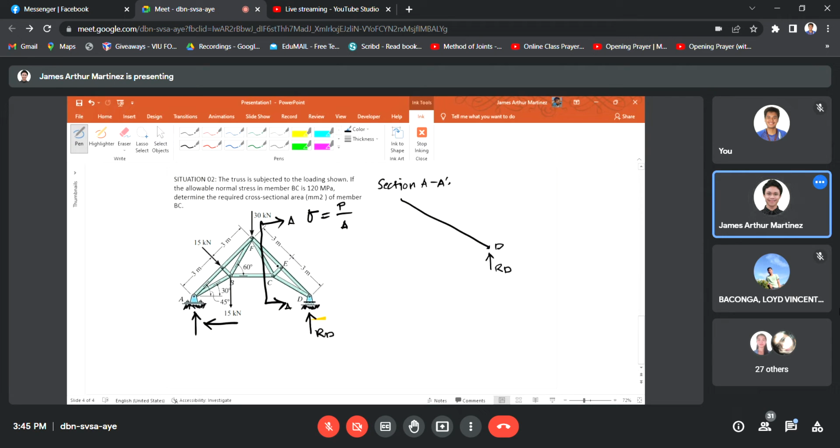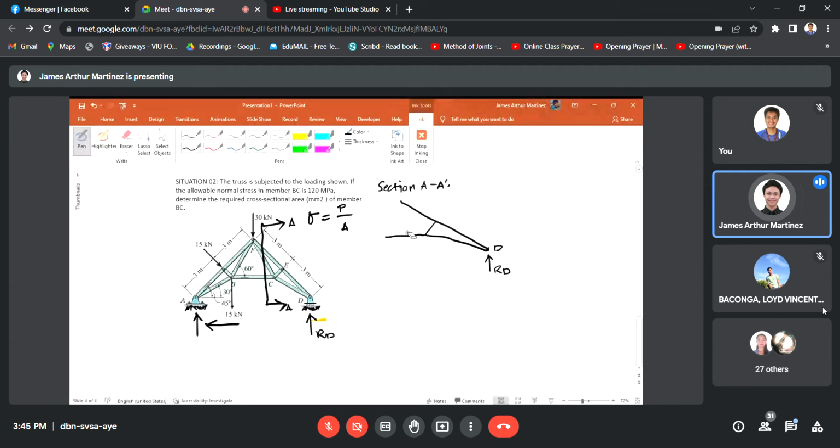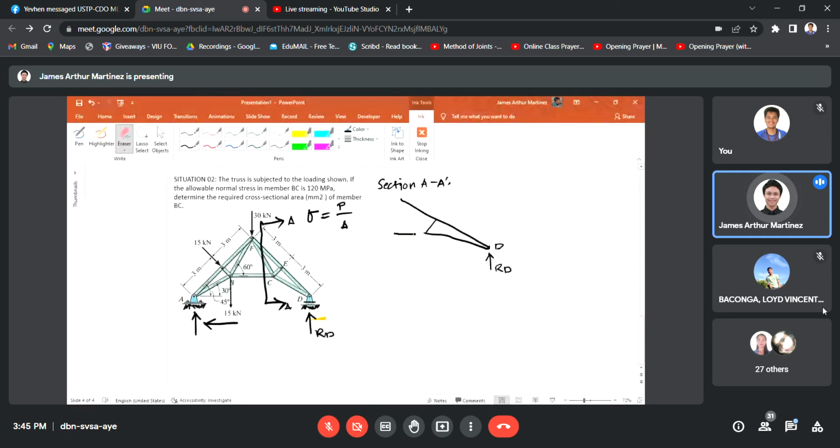And then which members are cut? Member FE, this is FE. And member FC also. And also member BC, which is the essential part of our solution.